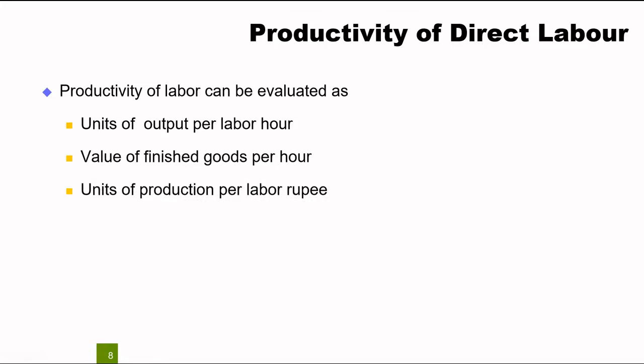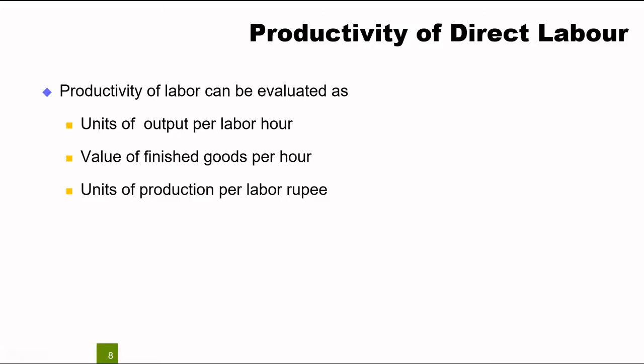Productivity of labor can also be evaluated as units of production per labor rupee. This is the case where you are paying salary to the labor. Let's say for 1 day you are paying 400 rupees to the labor. So for 8 hours, you are paying 400 rupees, which is 50 rupees per hour.